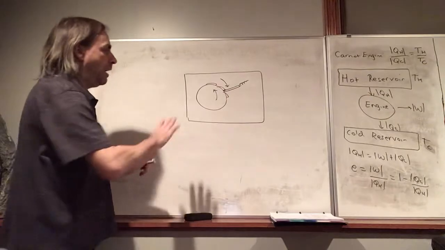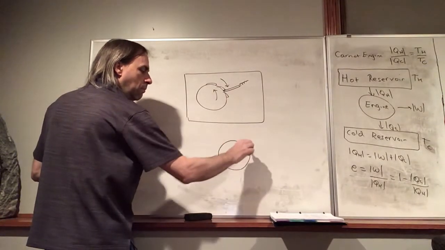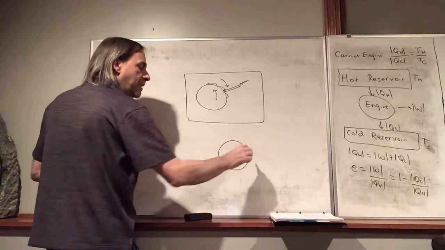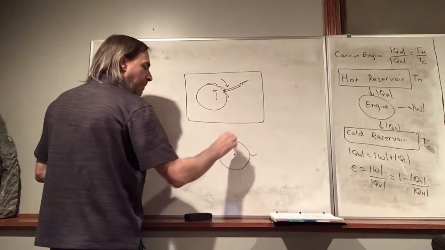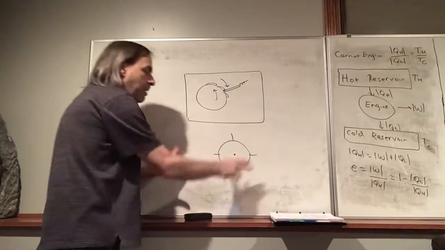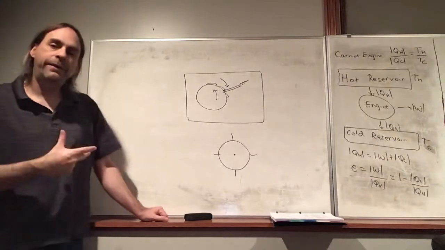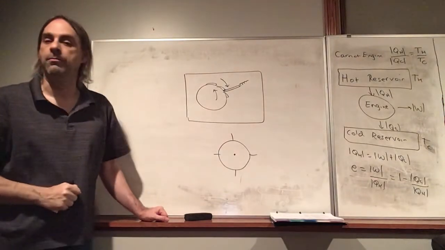Now, normally, let's back up for a minute. Say we have a wheel with some paddles, for instance. It's surrounded by a gas, and so these molecules of gas are colliding with this, and they can cause it to rotate randomly.